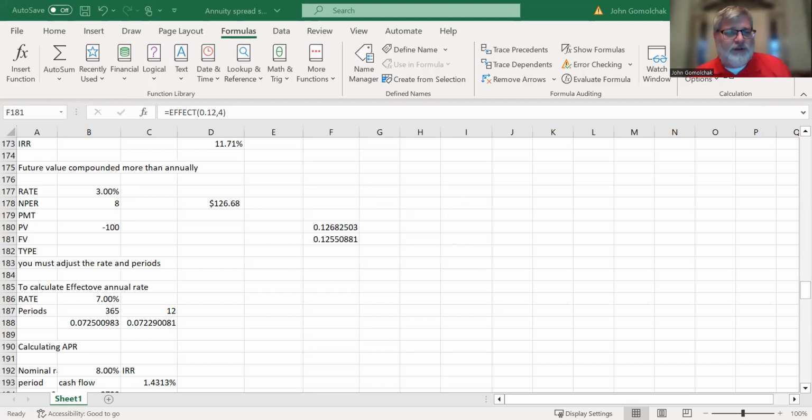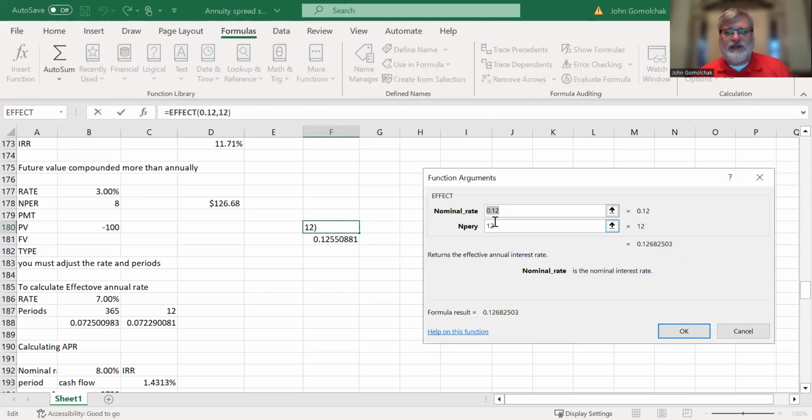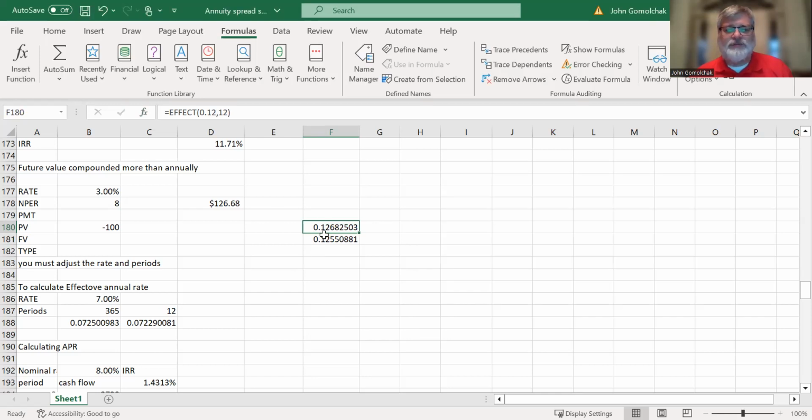But they have different effective rates. So first off, let's look at an effective rate here. And all I did was I put the actual numbers in. So the nominal rate is 12%, 0.12. And if this is monthly, it was 12 periods for it. So then you put it out, it becomes 12.682503.